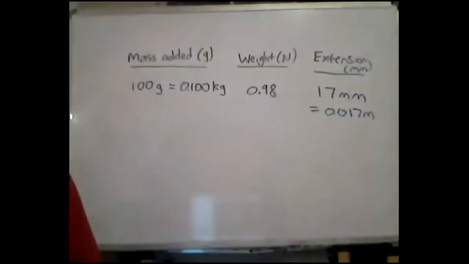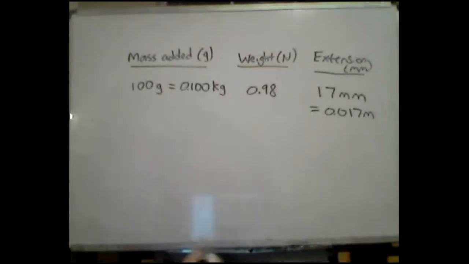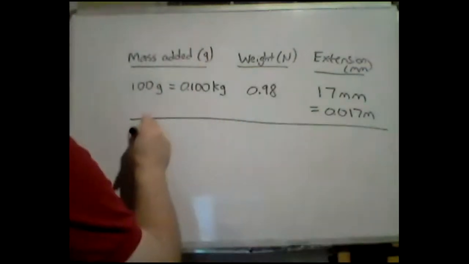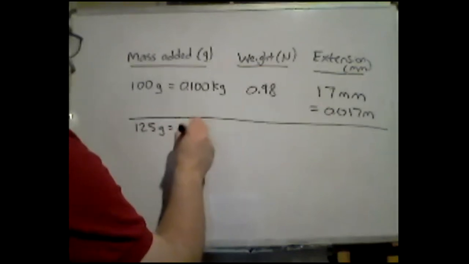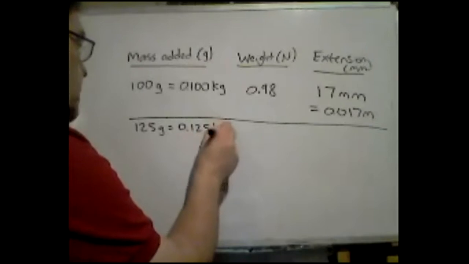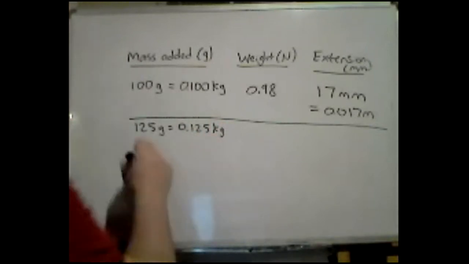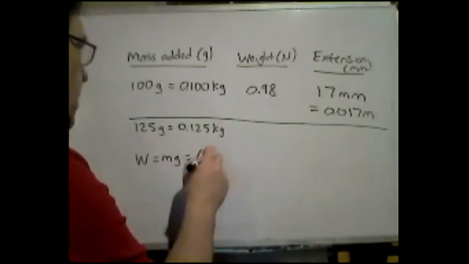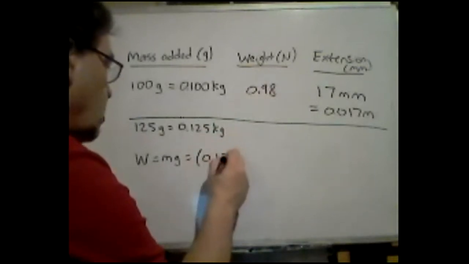Going back to the whiteboard, what does my second row look like? I'm going to do 125 grams, which we know to be 0.125 kilograms. That's my first cell. I have to figure out a weight. Again, weight is mg, and my mass is now 0.125 kilograms.